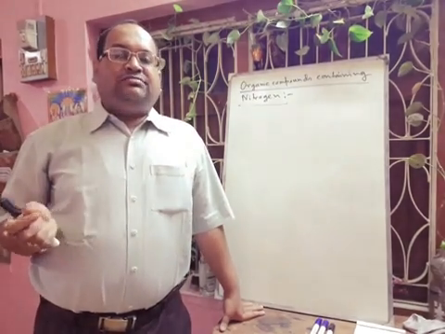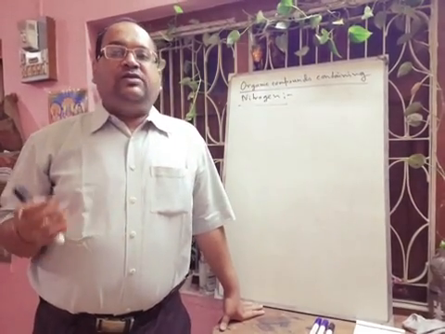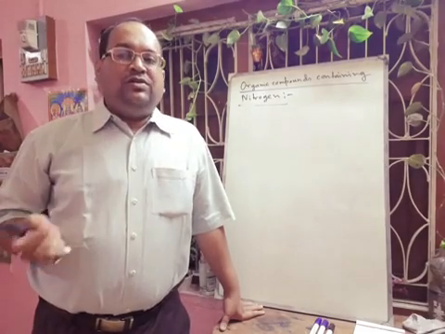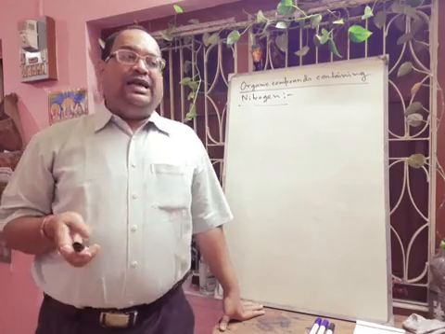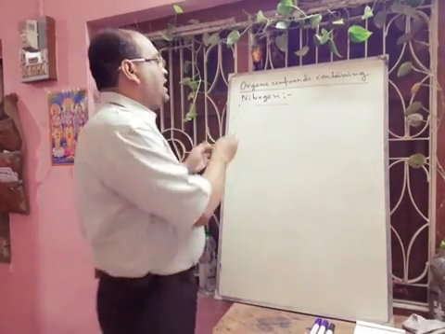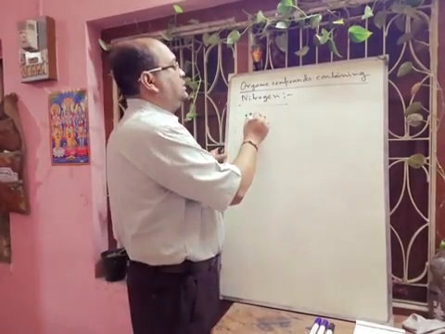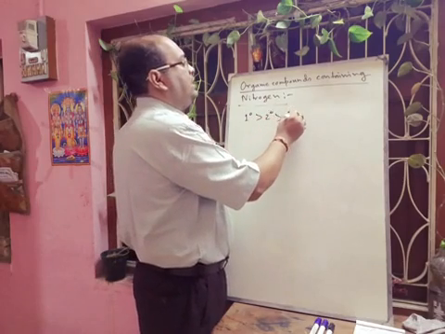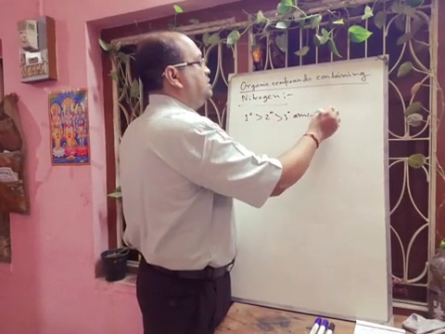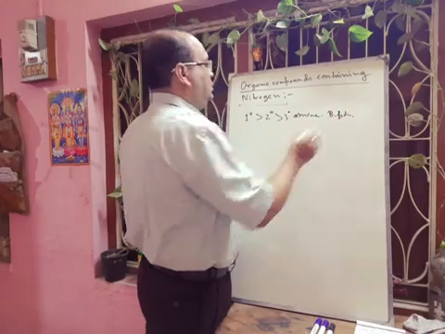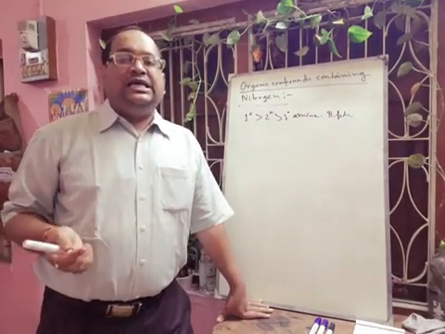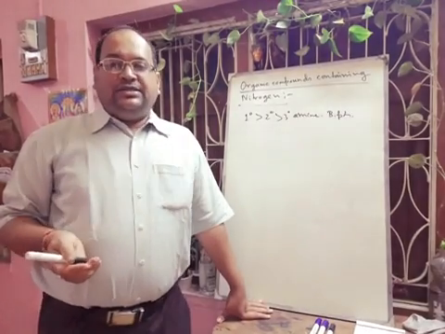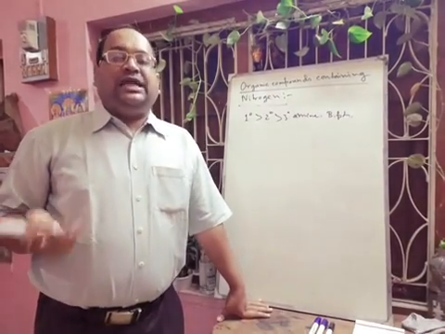Next, for the different types of amine like 1 degree, 2 degree, and 3 degree, what will be their boiling points? Generally, 1 degree amines have a higher boiling point, then 2 degree amines, then 3 degree amines. What is the reason that the boiling points of primary amines are higher than secondary amines, and secondary amines higher than tertiary amines?